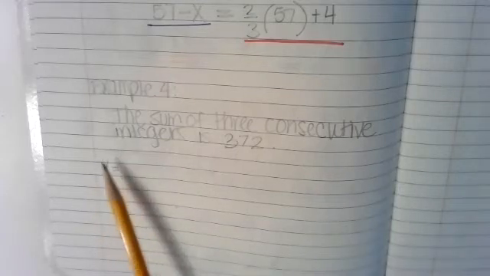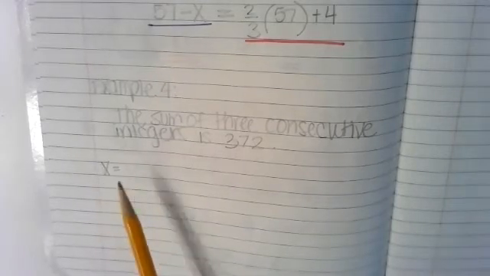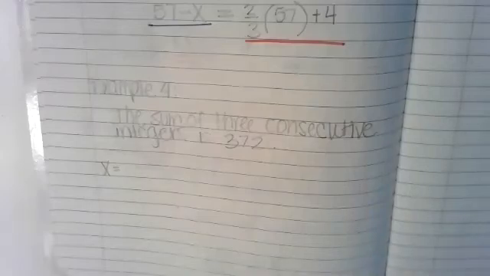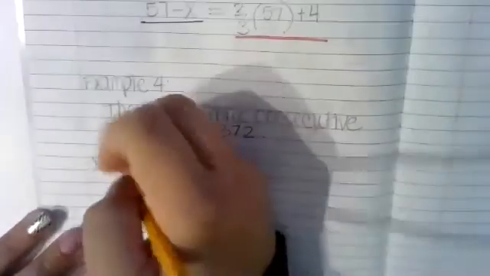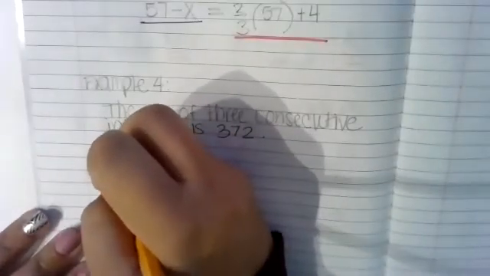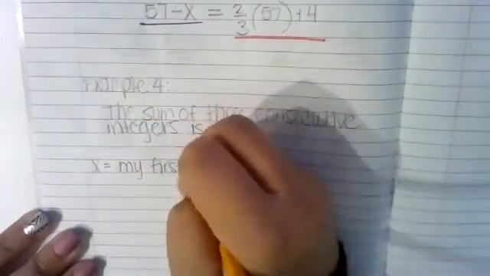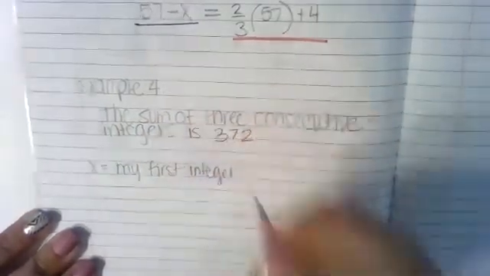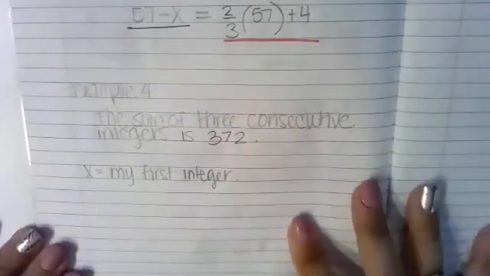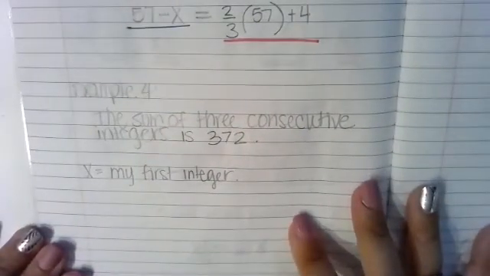No. Head nods no. So if we don't know what the integer is, then x has to represent that. So x is representing my first integer.